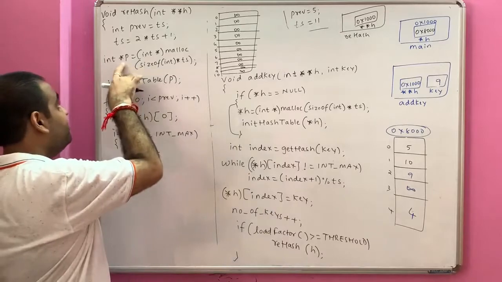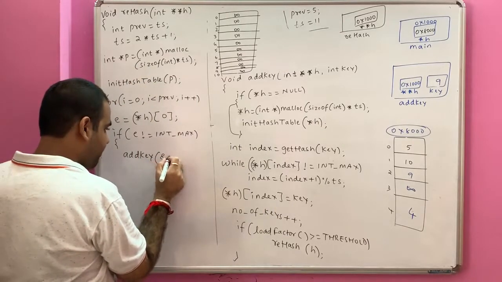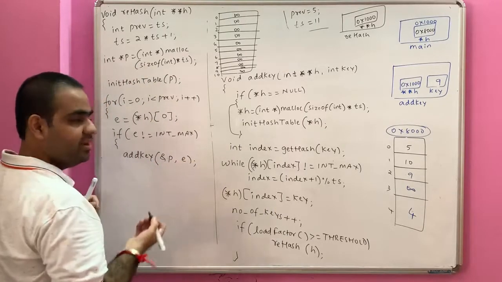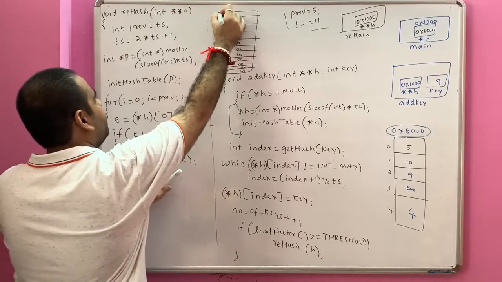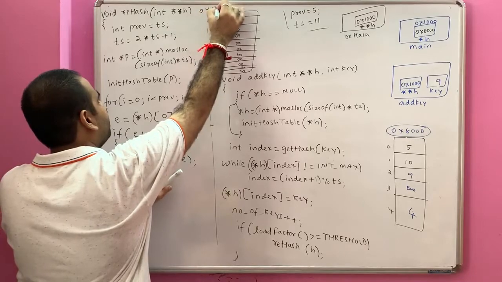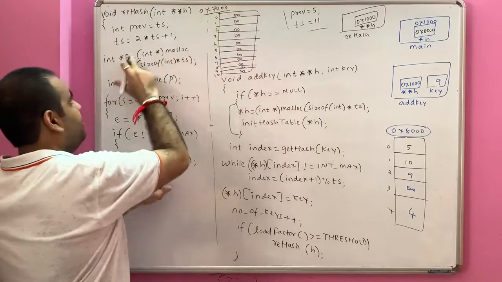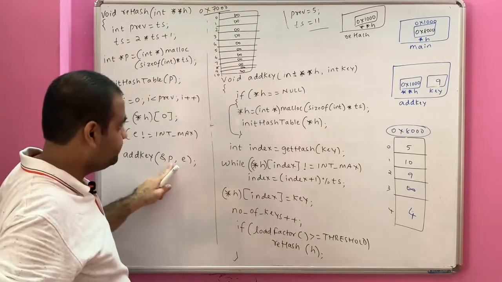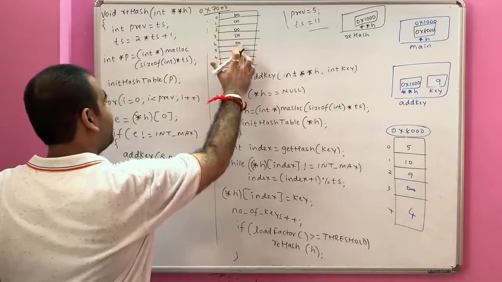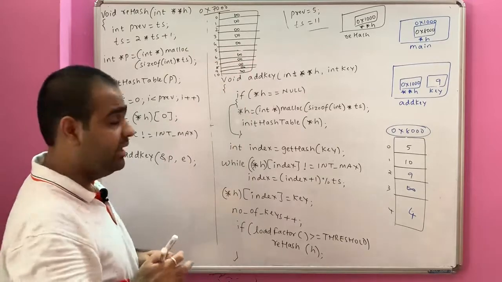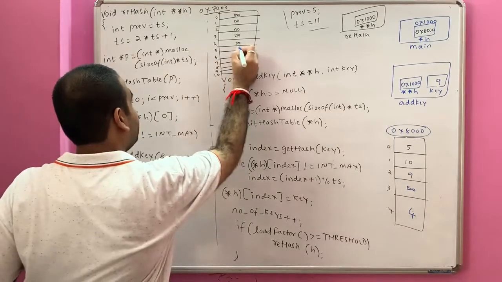Therefore in this table P, I say ampersand P. What do I want to add? E, I want to add it. Now ampersand P will have some address. Let the address of this be say 7000. That means P is holding the address 7000. At index 7000 the value will be added. Now 5 modulo 11 is 5. At index 5 this is being added.